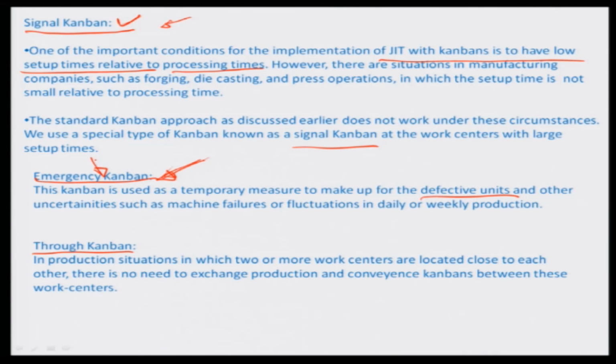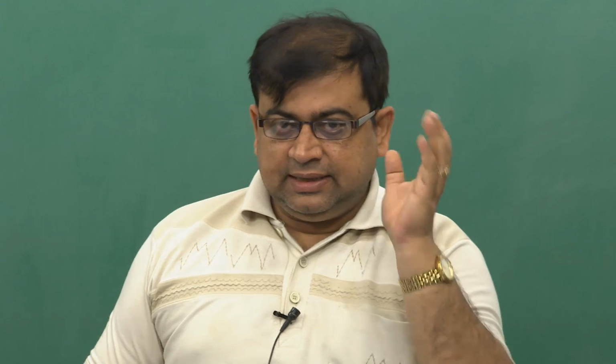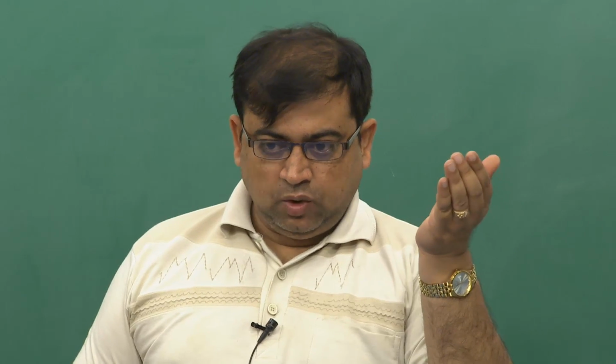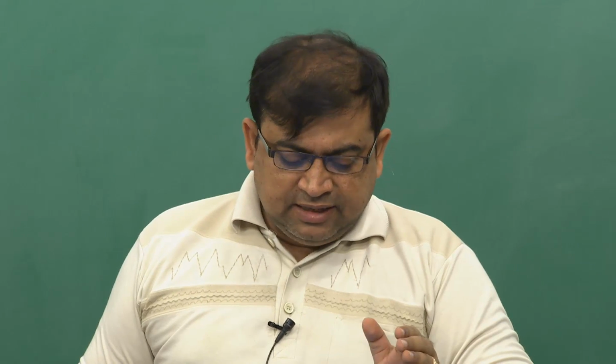There are many other uncertainties like machine failures, etc., which would result in issuance of an emergency Kanban, where maybe there is an overproduction in a particular shift, or maybe a planning in a manner so that there is an extra number of hours because of the machine breakdown, so that the system flow is harmonized and it gets balanced. So, that is emergency Kanban.